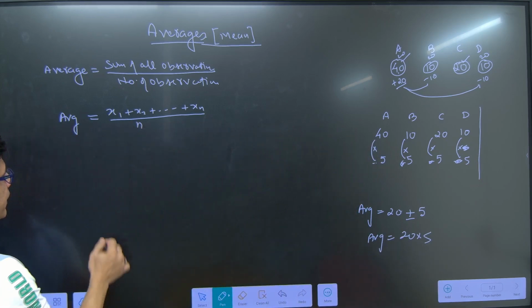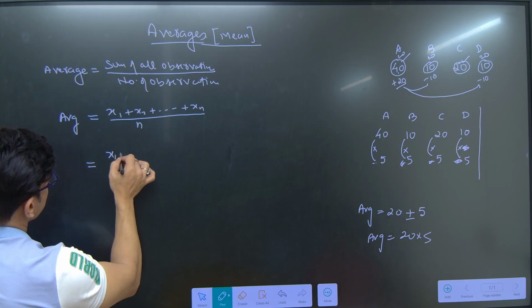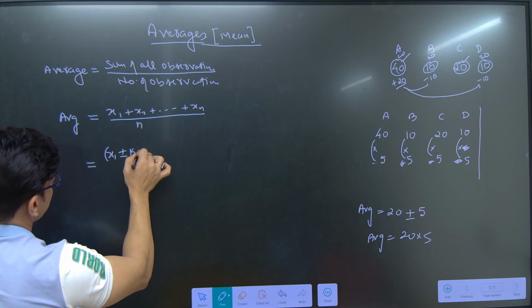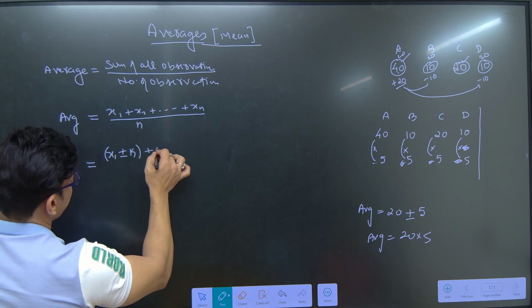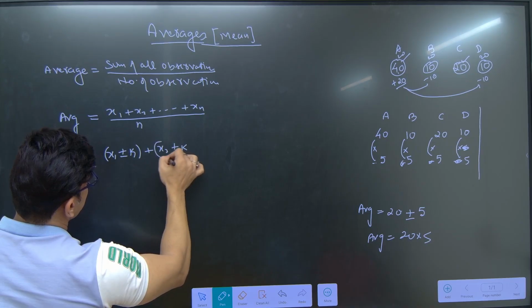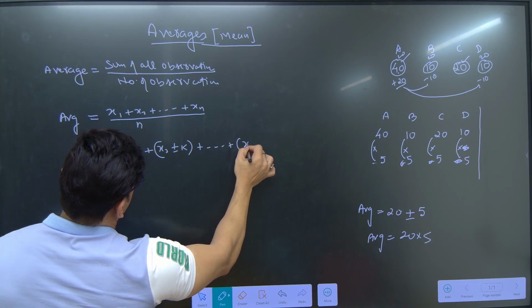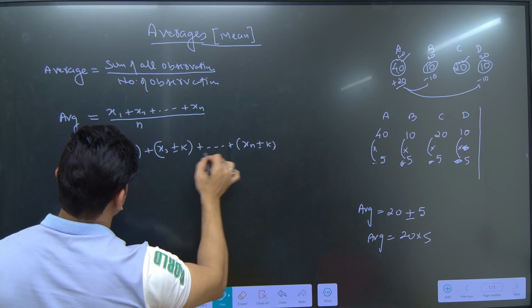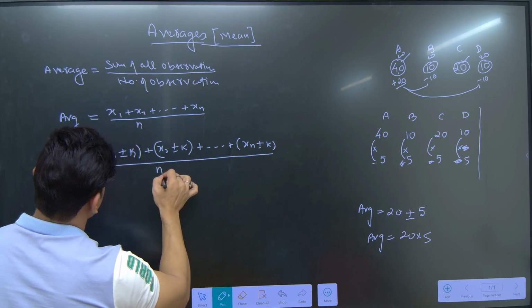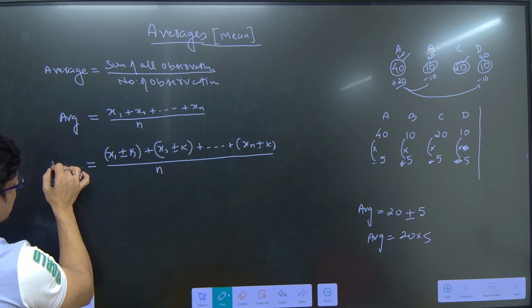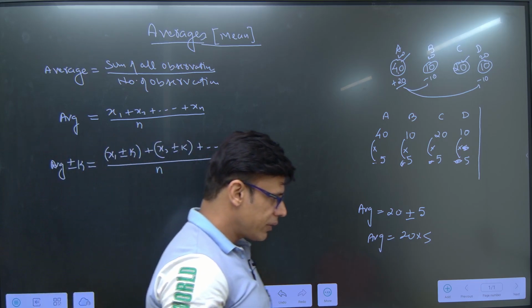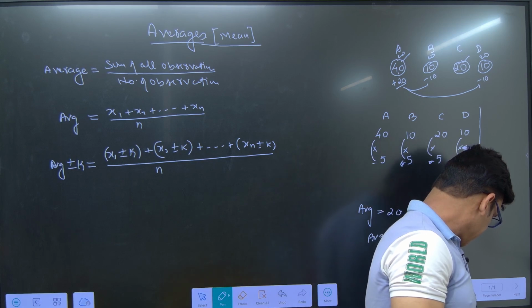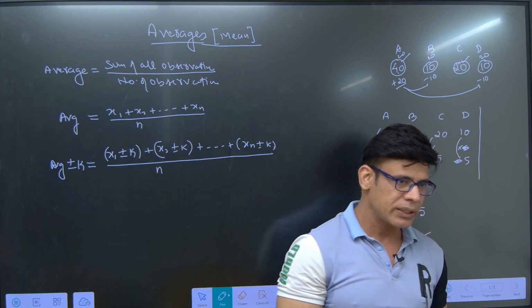In simple terms, if I add or subtract some k, so see, you are not increasing the number of terms, you are simply increasing or decreasing each term by k. x1 plus or minus k, x2 plus or minus k, up to xn plus or minus k, divided by n. What happened to the average? Average will also get increased or decreased by k.